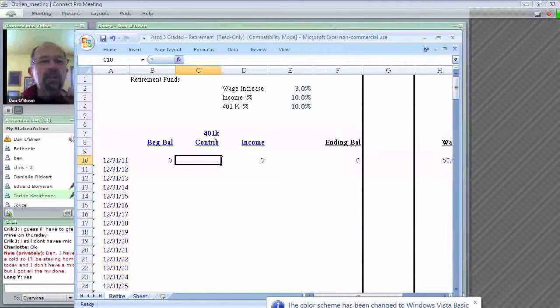Okay, can everyone see right now my spreadsheet on the retirement?